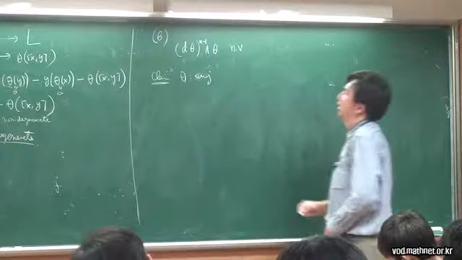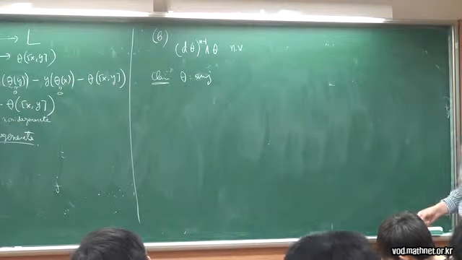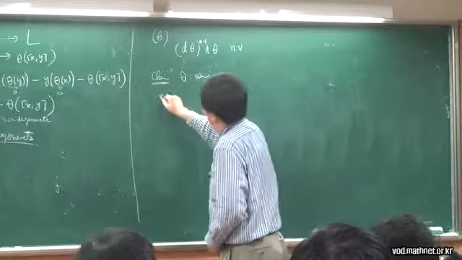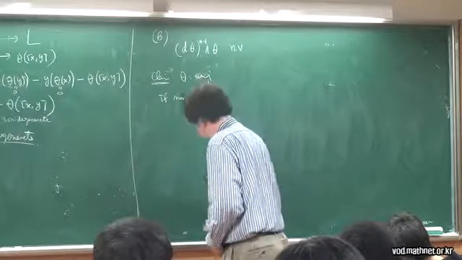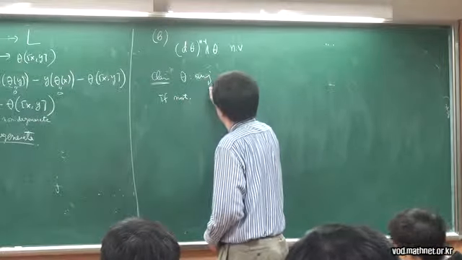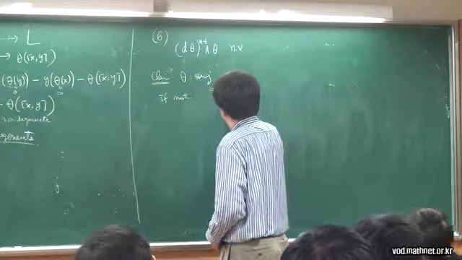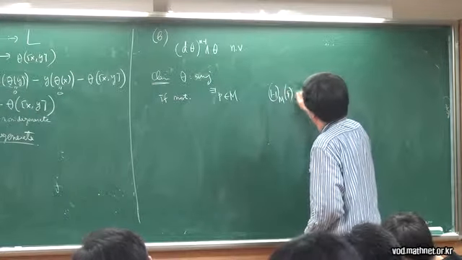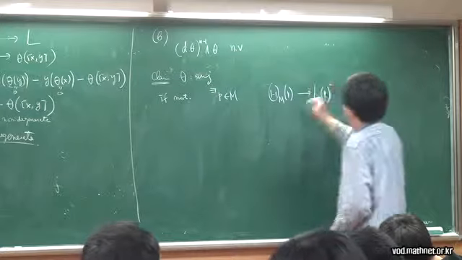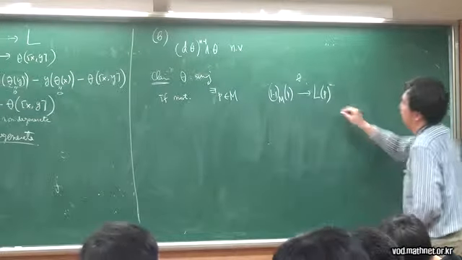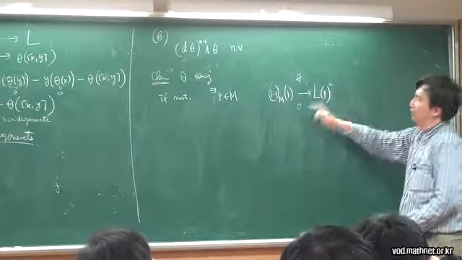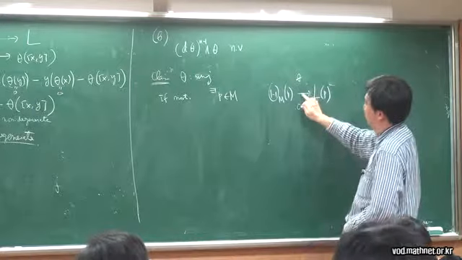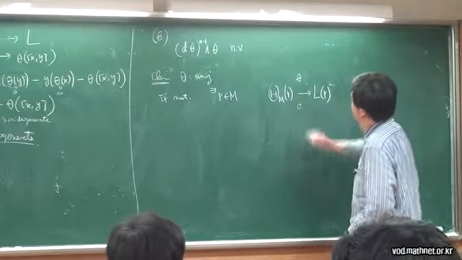How to prove this? If theta is not surjective, then there is some point p such that theta p to Lp is the 0 map. This is one-dimensional, and if it's not surjective, then it is automatically the 0 map.